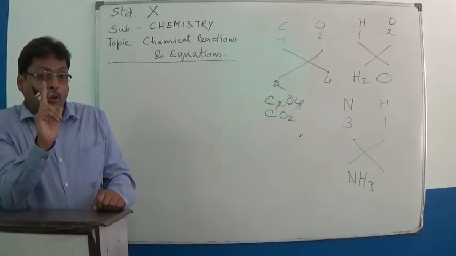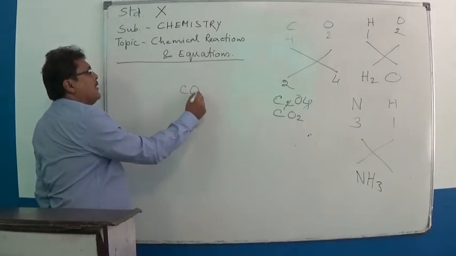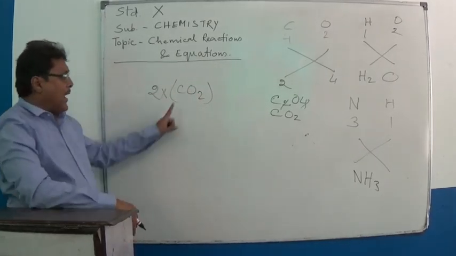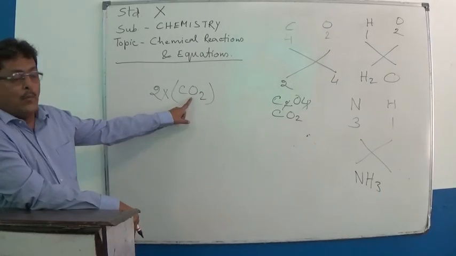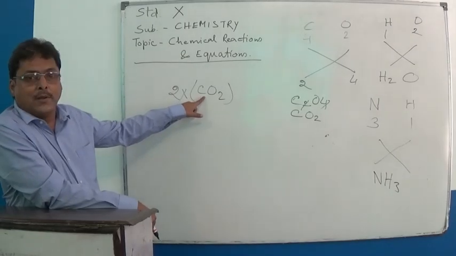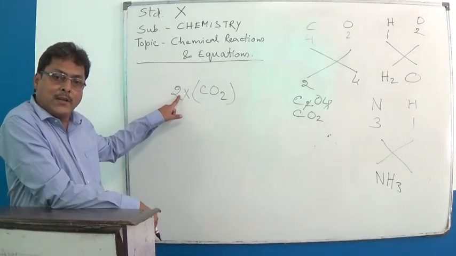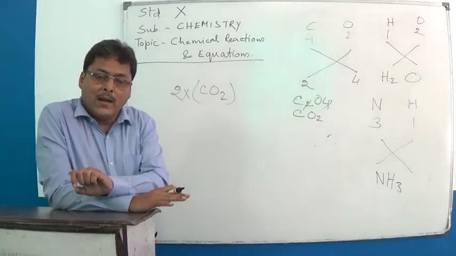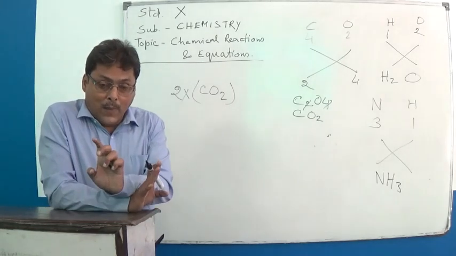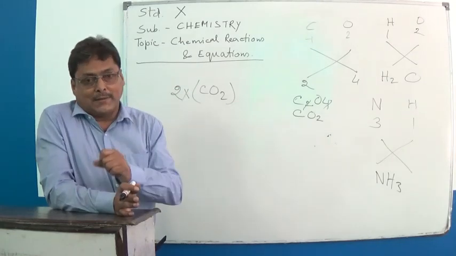And the second point about the coefficient, also remember that when we multiply the whole formula by the coefficient, actually all the atoms inside that formula are multiplied by this coefficient. These 2 points you must remember, and then let us go to the first equation that we will balance step by step. So let's look at the steps once more, please.